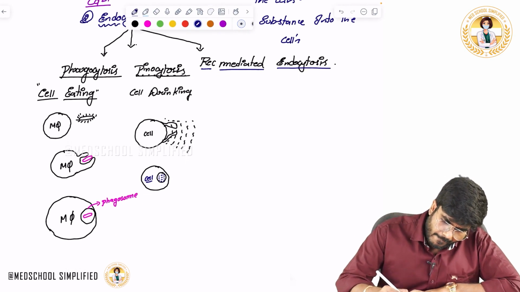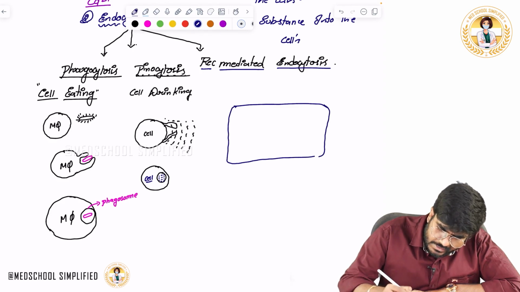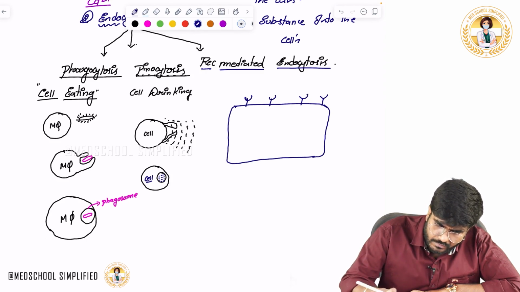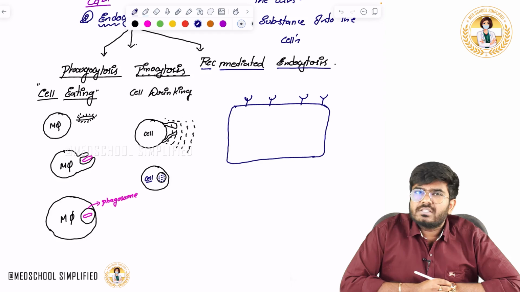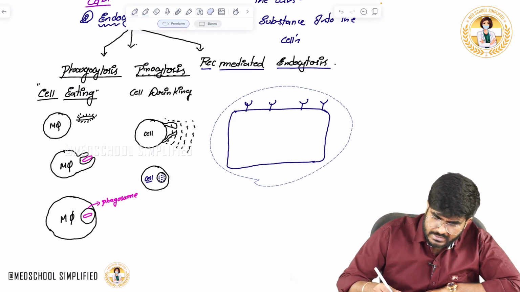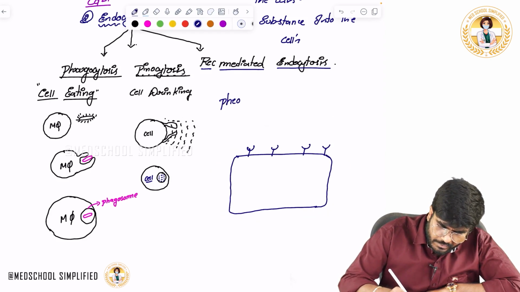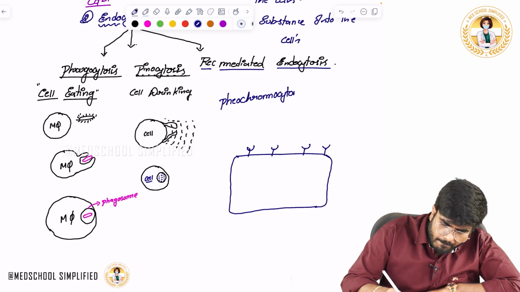Say for example, here is one cell. Here are 4 receptors present. Now imagine there is a condition called pheochromocytoma.